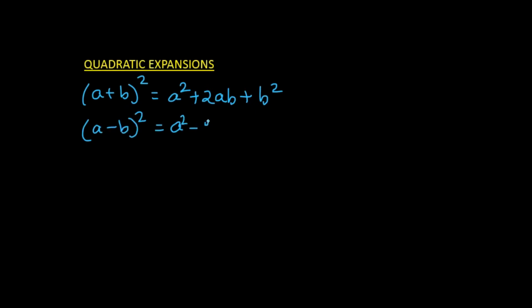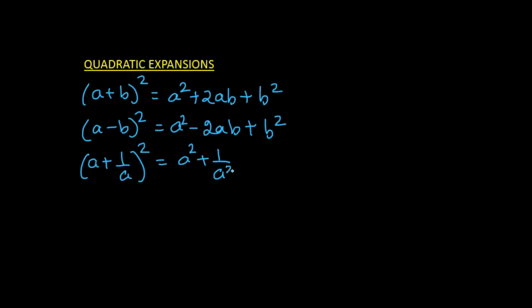video. So we have done (a plus b) whole square as a square plus 2ab plus b square, (a minus b) whole square as a square minus 2ab plus b square, and then we have done (a plus 1 by a) whole square is equal to a square plus 1 by a square plus 2, and (a minus 1 by a) whole square is equal to a square plus 1 by a square minus 2.